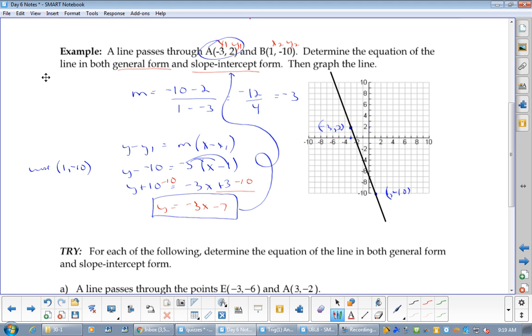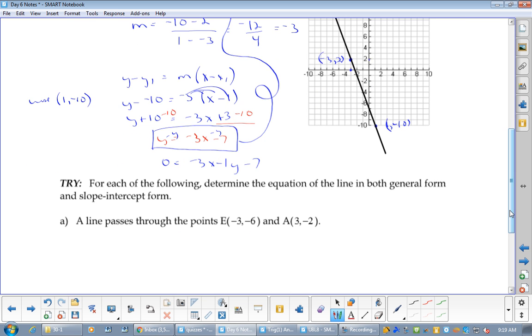Subtract y from both sides, and I will get 0 equals negative 3x minus 1y minus 7. But we're not totally done. We need to multiply everybody by negative 1 because this is not allowed. So if I multiply everybody by negative 1, that would be 0 equals 3x plus 1y plus 7. This is your general form.